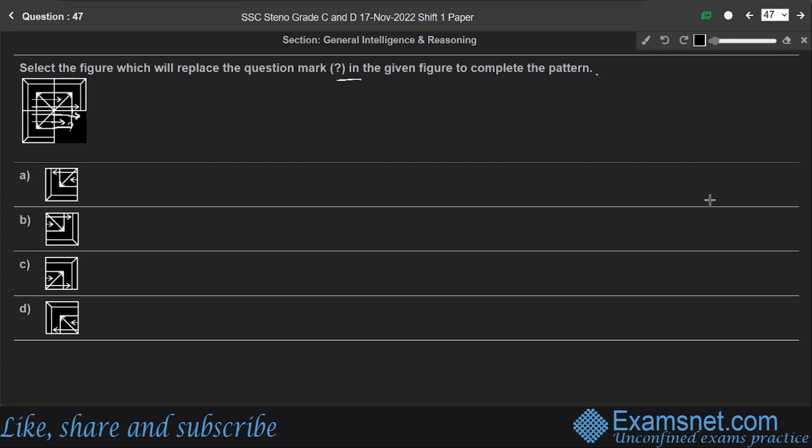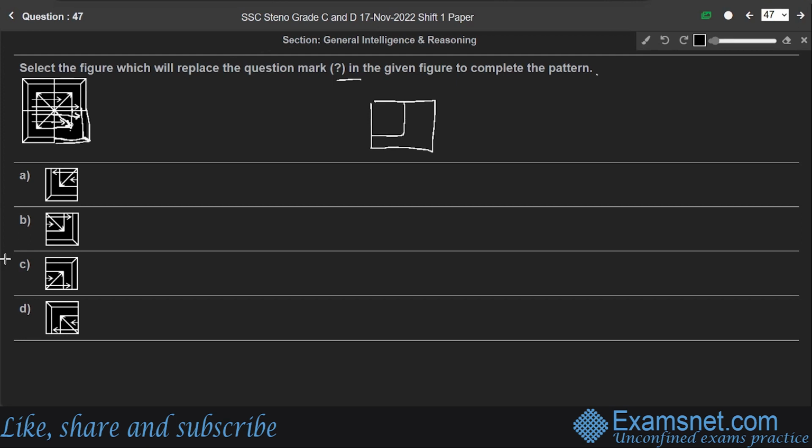So now draw an arrow mark towards the corner like this, right? And to the corner, we have one more square part, right? Join the corner of the square to the last corner, right? Therefore, to complete the pattern, the missing part looks like this.